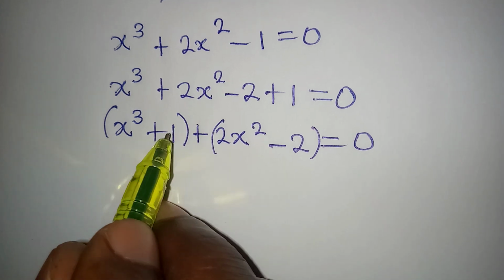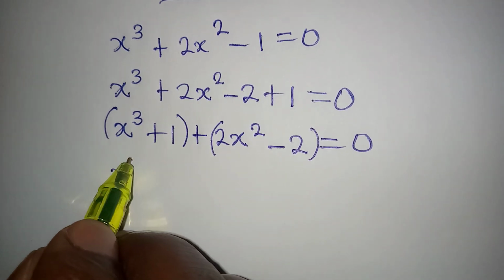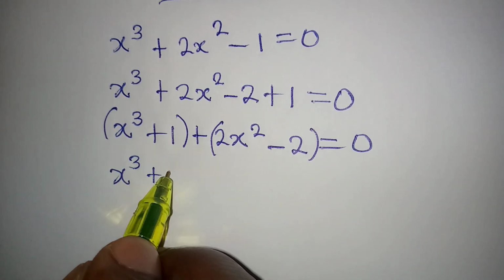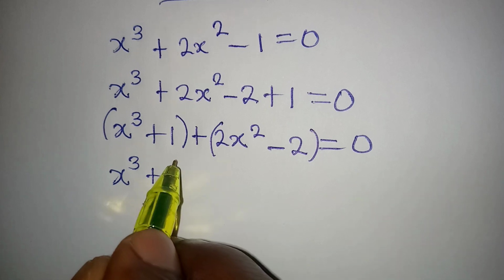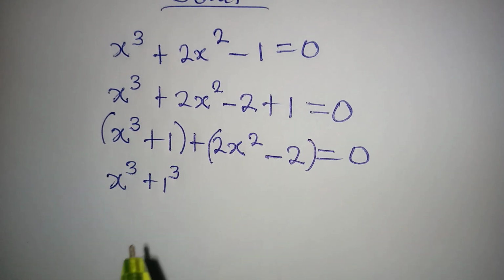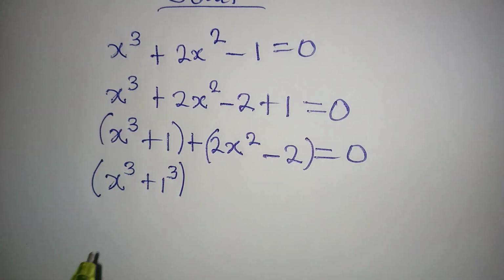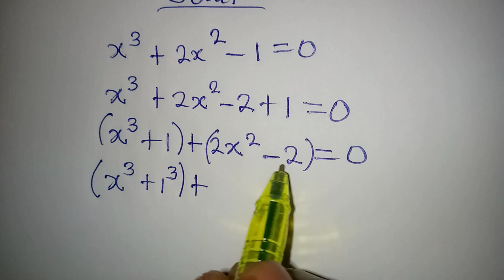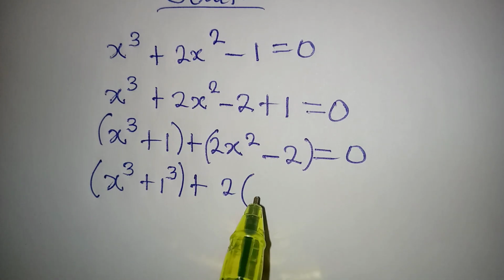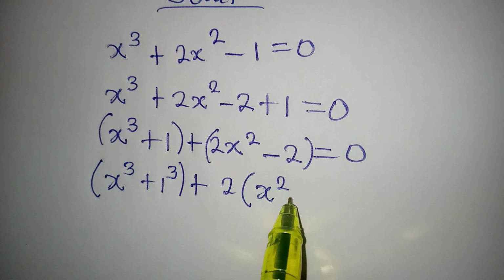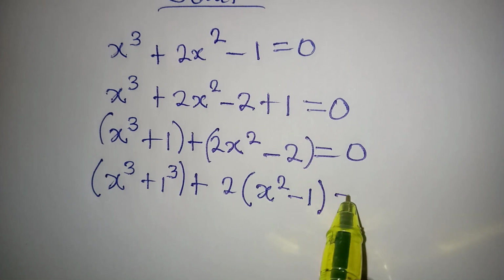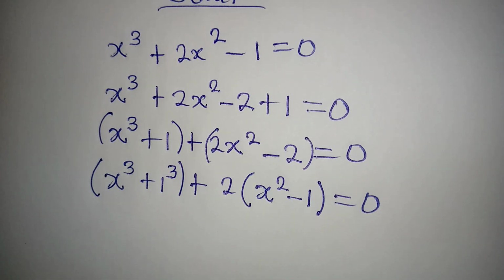Now to factorize this, remember, if you have x to the power of 3 plus 1, it is the same thing as x to the power of 3 plus 1 to the power of 3, right? So I'm going to factorize this separately. And then from here, 2 is a common factor. We have x squared minus 1, and this is equal to 0.